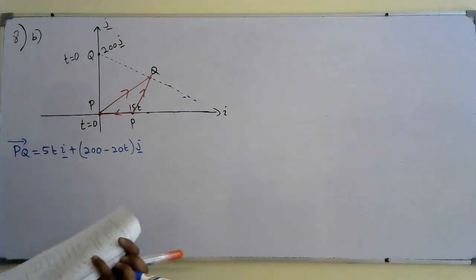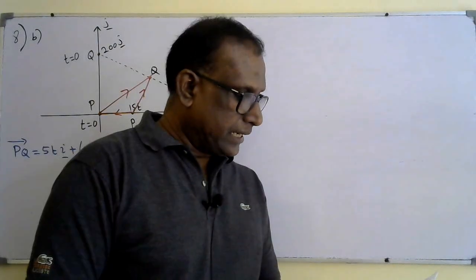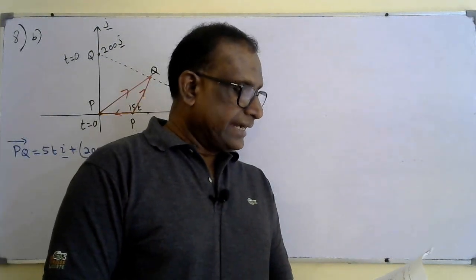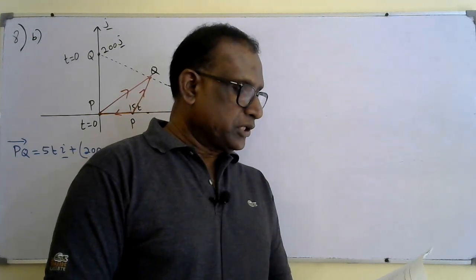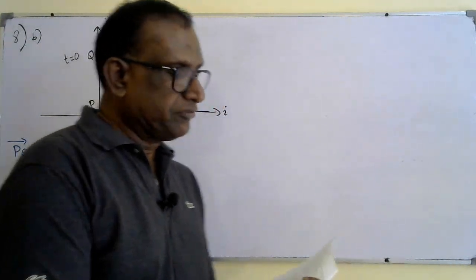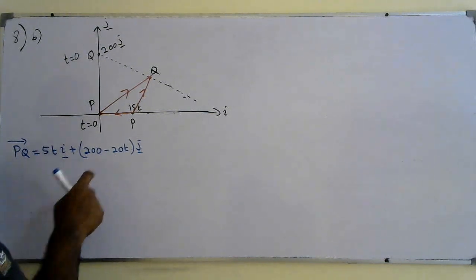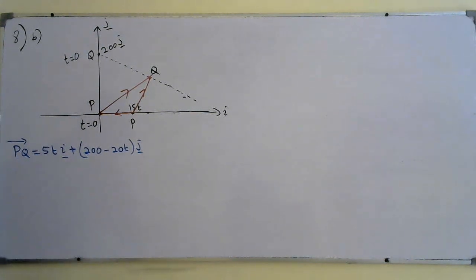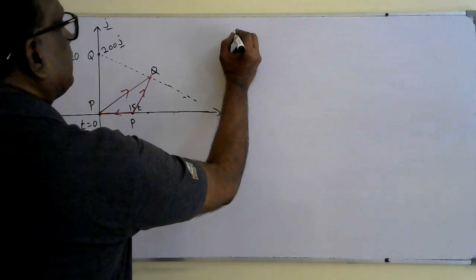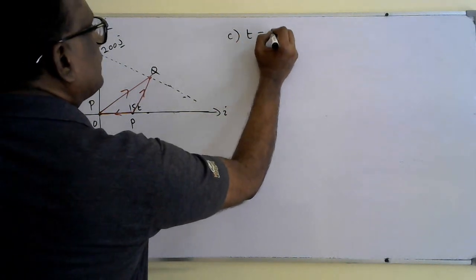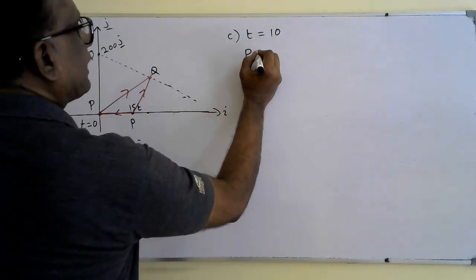Okay, so the next part, that is part C: find the bearing of P from Q at t equal 10. We found the general equation for PQ in terms of time t. When t equals 10, we will find the vector PQ.